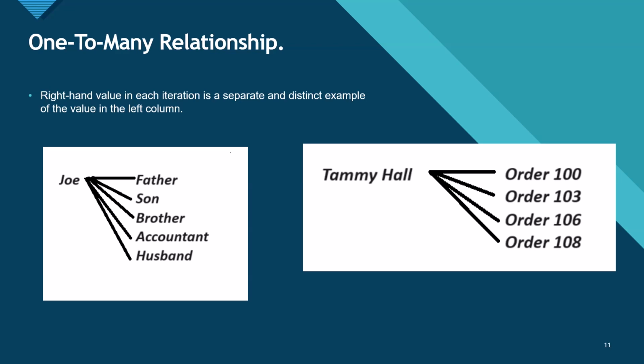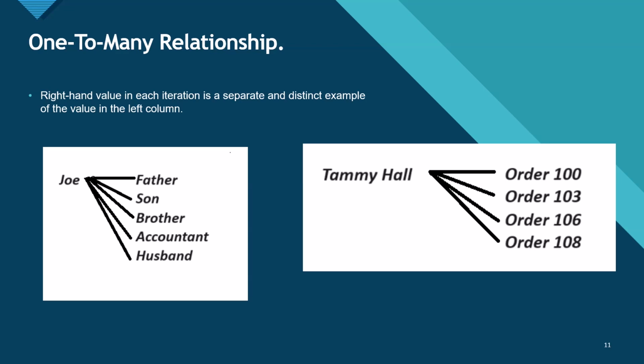So, of course, the right-hand value in a one-to-many relationship will be a separate and distinct example of the value. On the right-hand side, you'll have a separate and distinct example of the value in the left-hand column. So, Tammy Hall, one employee, has 4 orders. Each order has a different number.